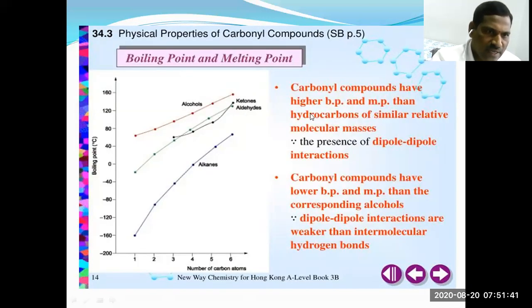Carbonyl compounds have higher boiling points and melting points than hydrocarbons of similar relative molecular masses. Therefore, the presence of dipole-dipole interactions is there.